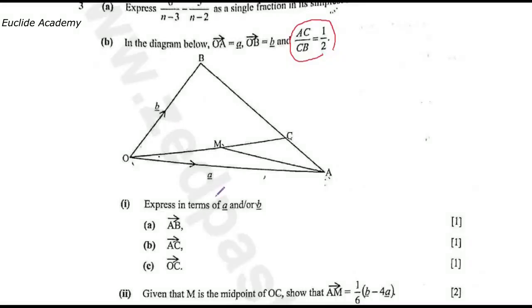Getting back to the question, how do we use the principles we've studied to answer these questions? Express in terms of A and B the vector AB. So you look at the vector. If it's vector AB, then starting from A, it's going all the way to B, in that direction. And for us to complete the triangle, remember we're using the triangle law.